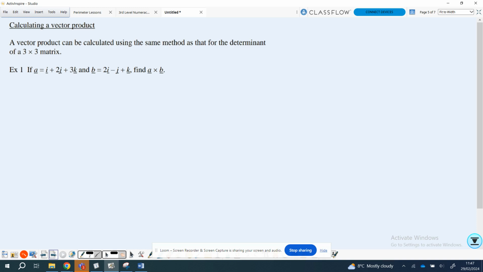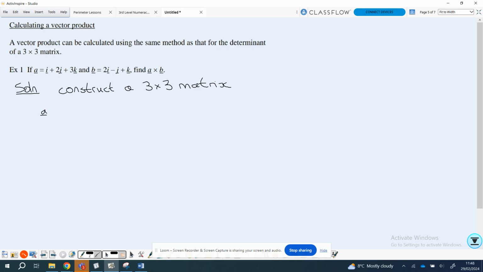So the first step in the solution, you can pause the video, write this down and carry on. We're going to construct a 3x3 matrix. You're literally just taking this off of your formula sheet here.